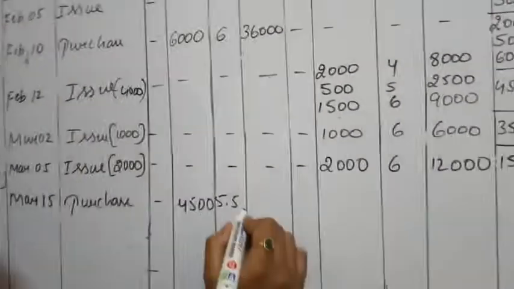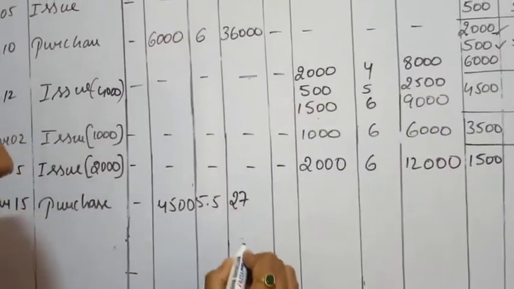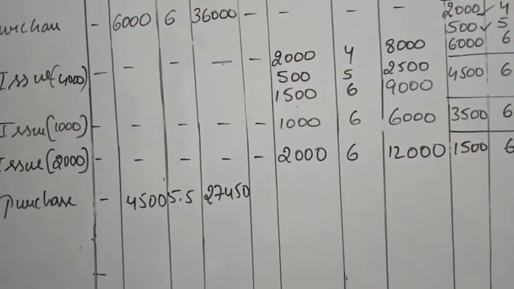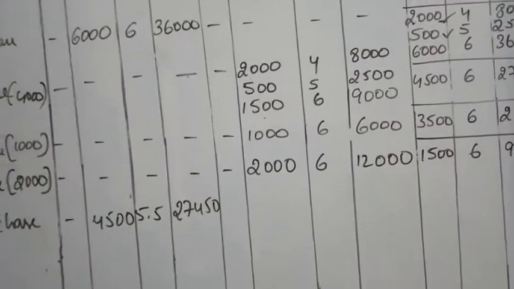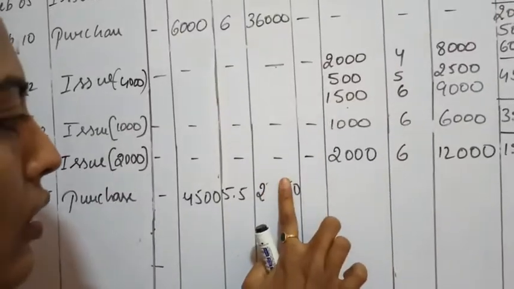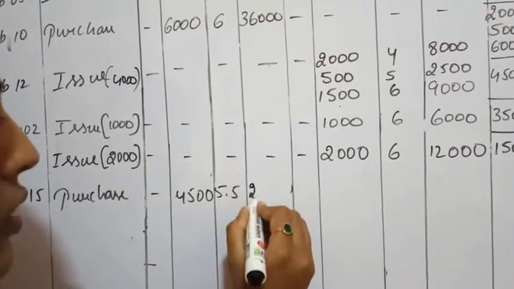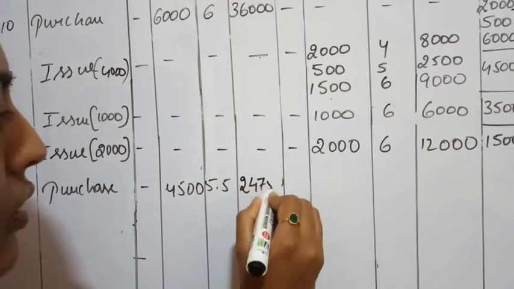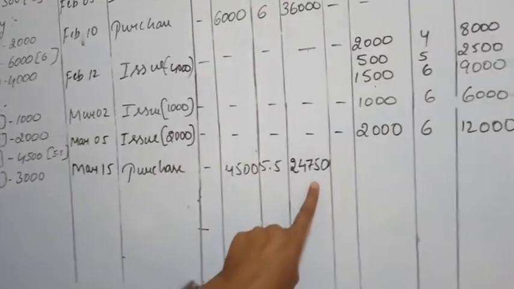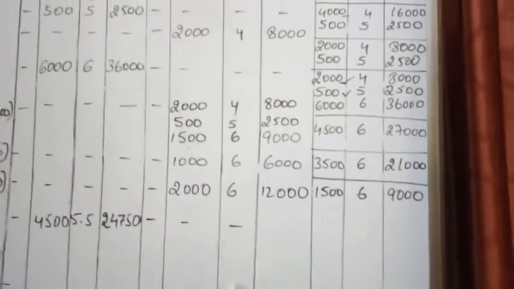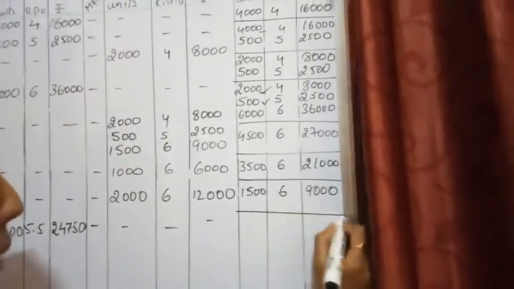So the value will be 24,750. Now I have to record the same thing here in the balance.